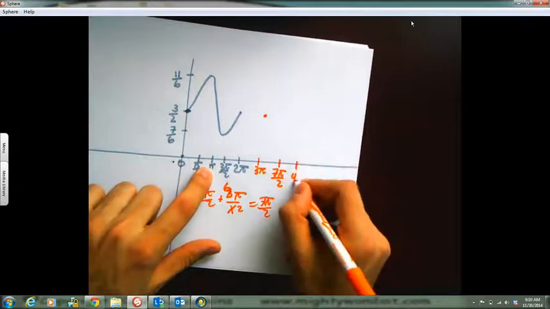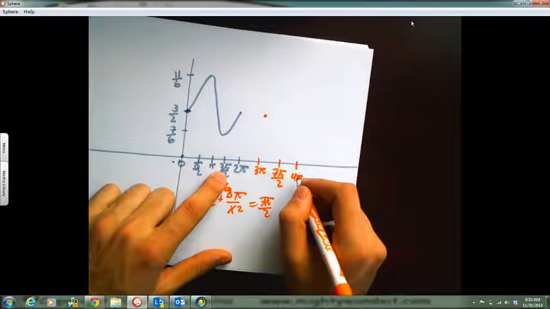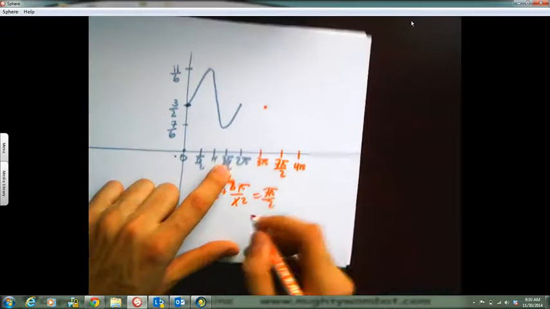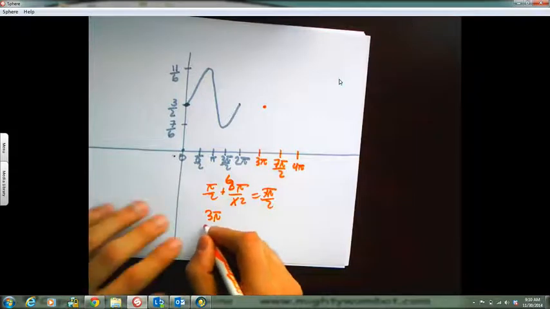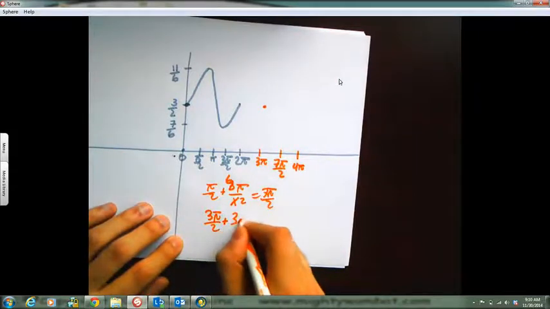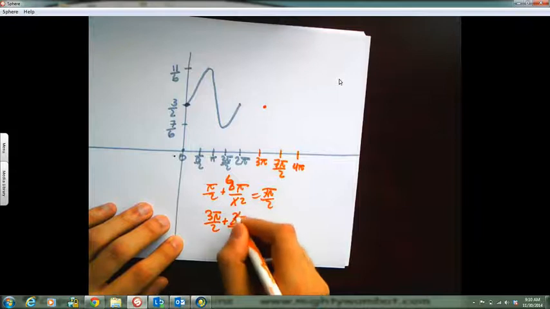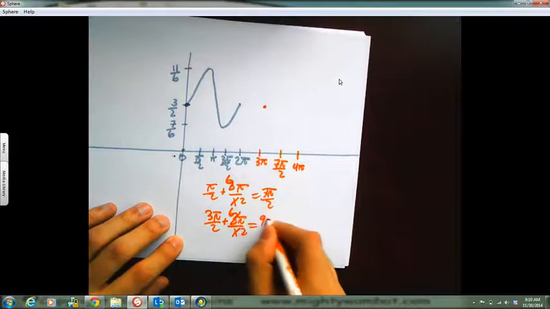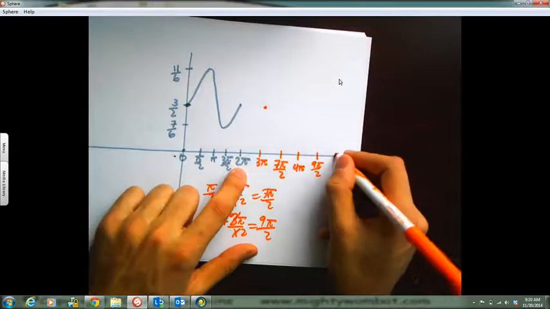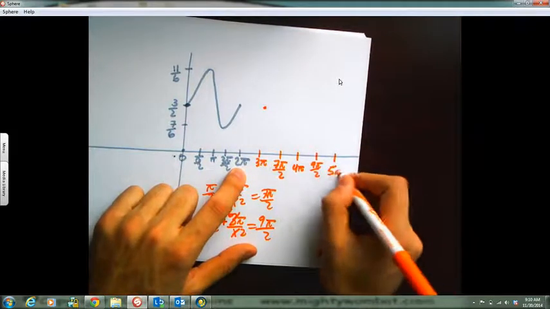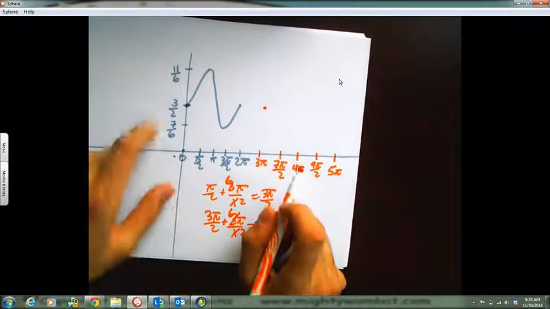3 pi over 2 plus 3 pi over 1, make this a 2, make this a 6, is 9 pi over 2. And 2 pi plus 3 pi is 5 pi. So all I did is I just added 3 pi to all of these. Just shift the points over.